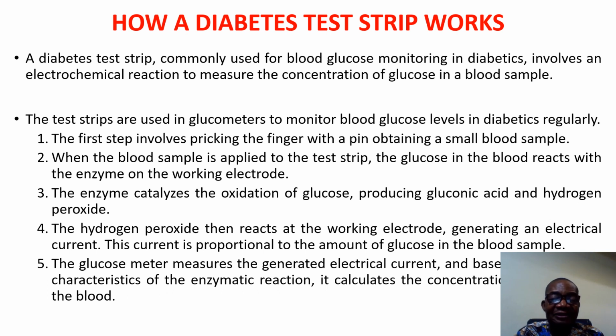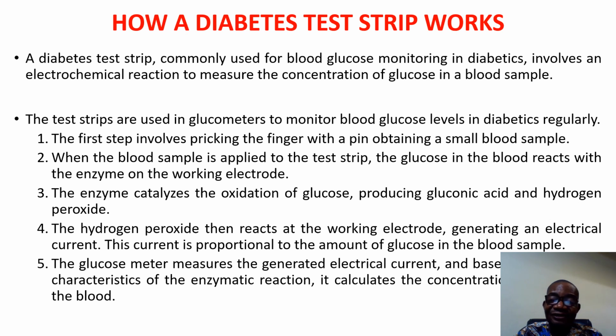That is very important. Because of this proportionality, the electric current generated is proportional to the amount of glucose in the blood. So the higher the amount of glucose in the patient, the higher the amount of current generated. And that is basically how it works.